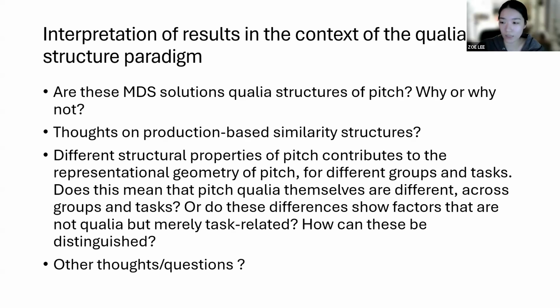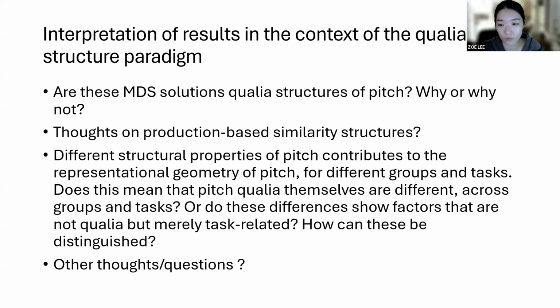so the authors say that these different geometries highlight the dynamic nature of pitch representations. It shows that different structural properties of pitch contribute to the representational geometry of pitch for different groups and tasks. But for us, does this mean that pitch qualia themselves are different across groups and tasks?